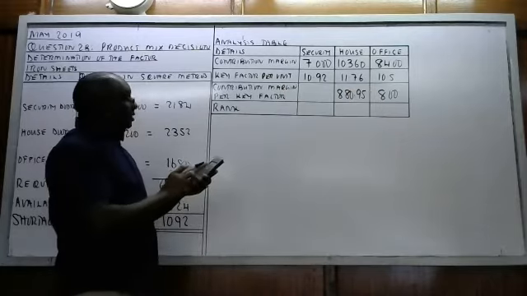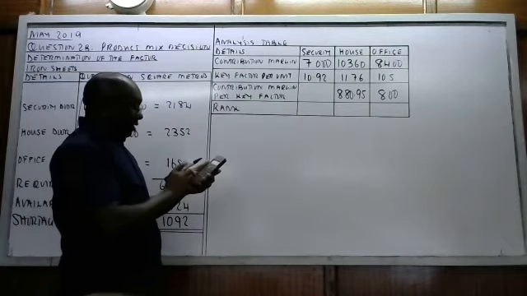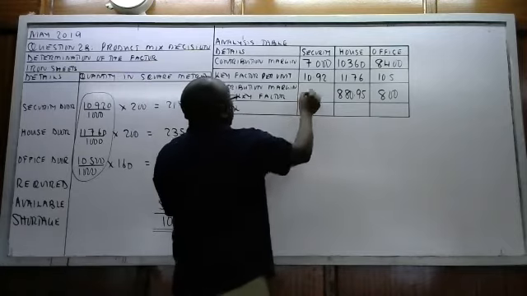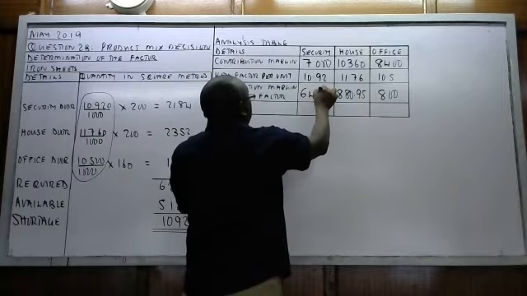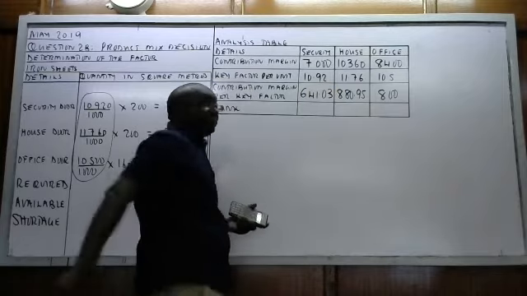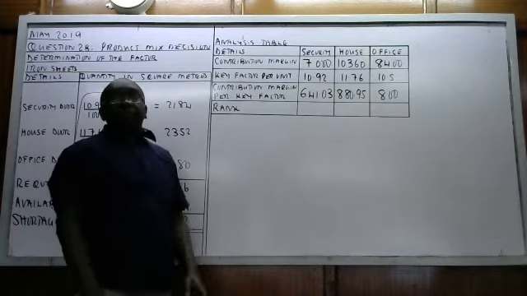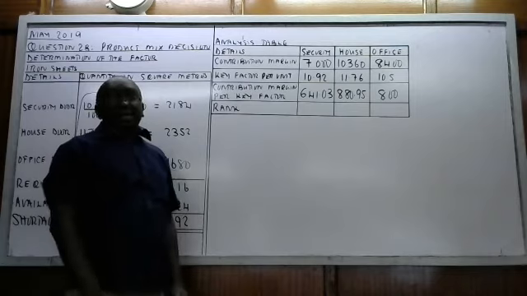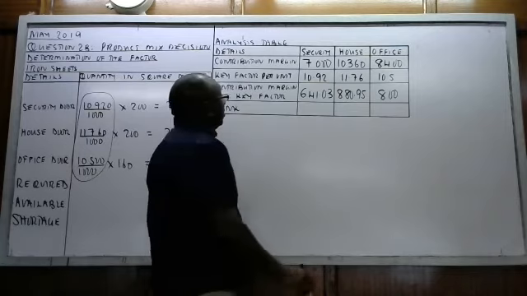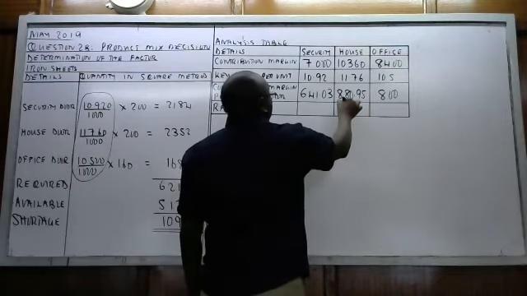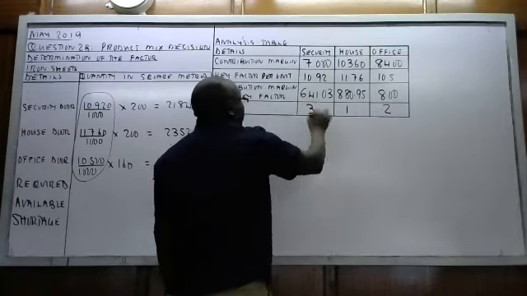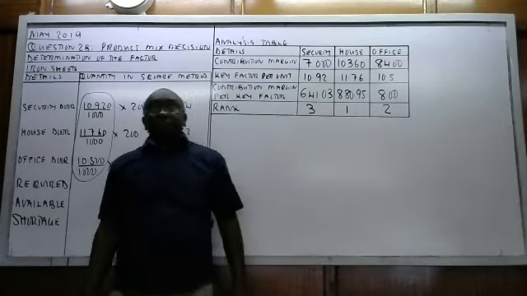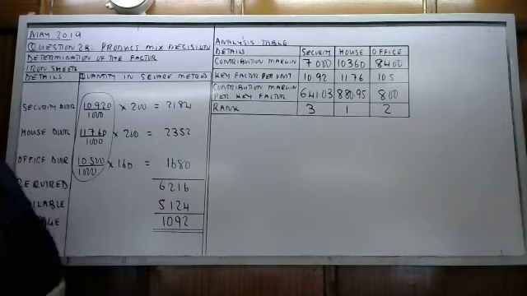Then 7,000 divided by 10.92. Getting 641.03. Then you rank. The highest will be number 1, then number 2, then number 3.